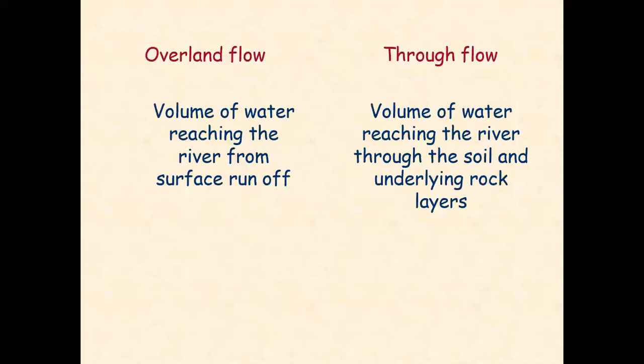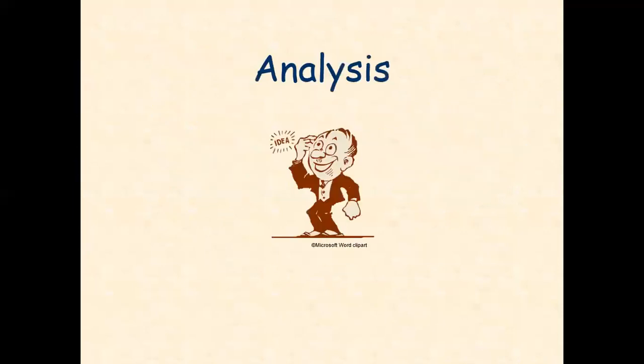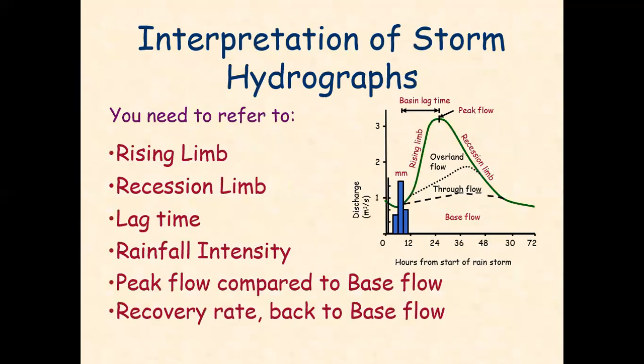Overland flow is the volume of water reaching the river from surface runoff. Through flow is the volume of water reaching the rivers through the soil and underlying rock layers. It is included in subsurface or base flow water. Interpretation of a storm hydrograph: you need to refer to rising limb, recession limb, lag time, rainfall intensity, peak flow compared to the base flow, and recovery rate back to the base flow.